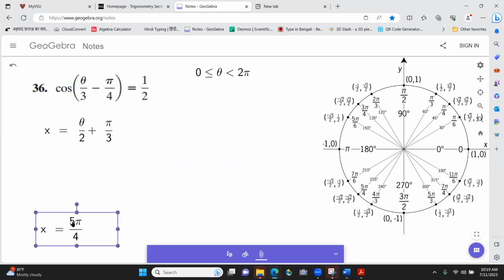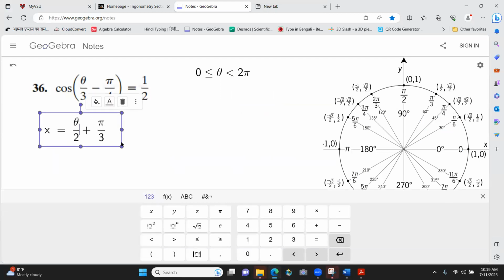Okay. Now, I am going to write this whole mess, theta over 3, pi over 4 minus pi over 4 is equal to half. No, I don't need to write half. Okay.